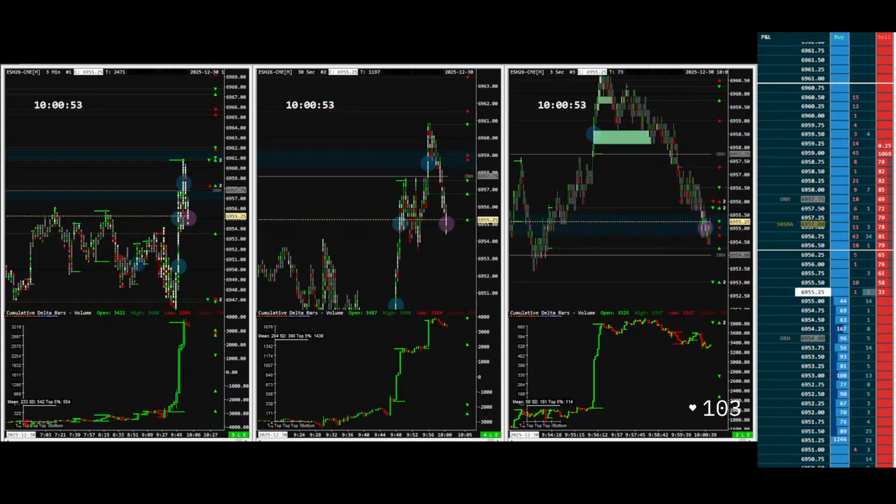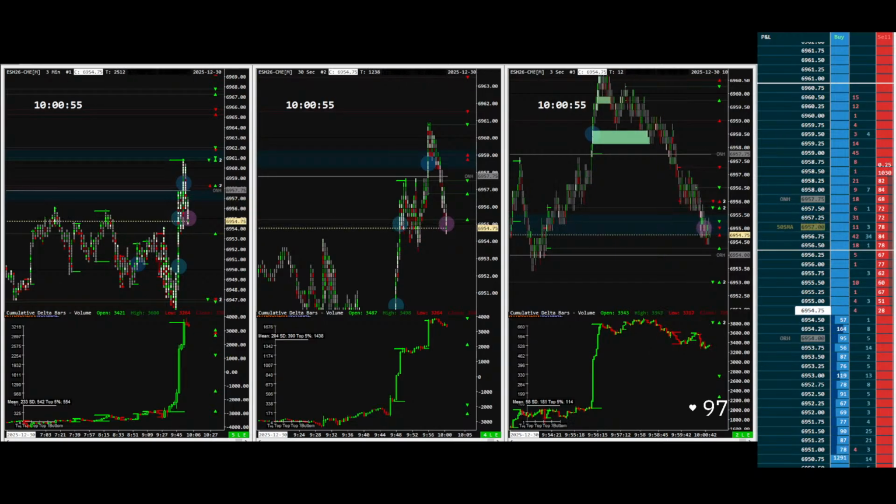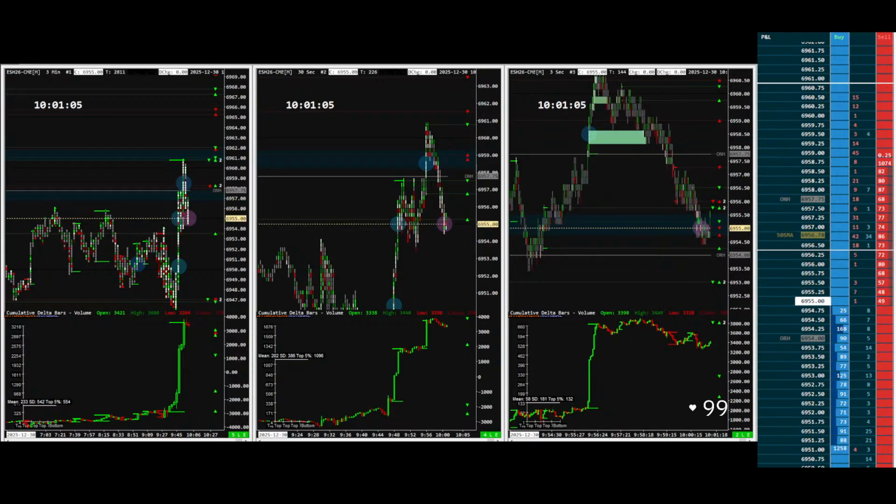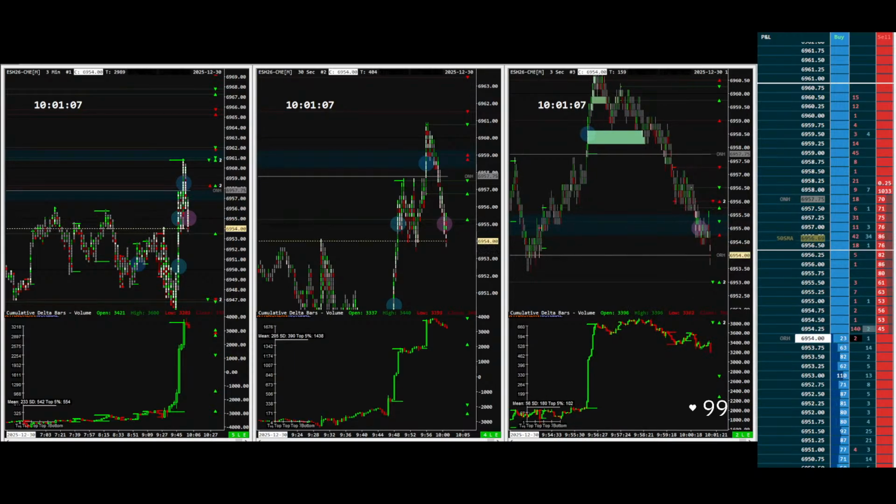I'd attempt to fade on 55. Pulse check. It would go against.